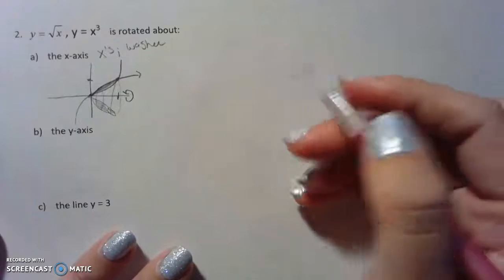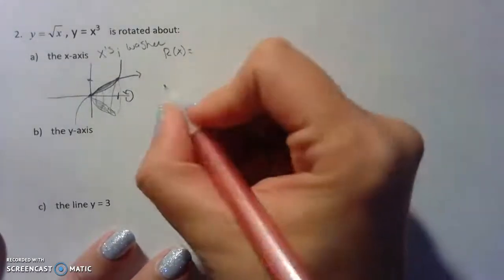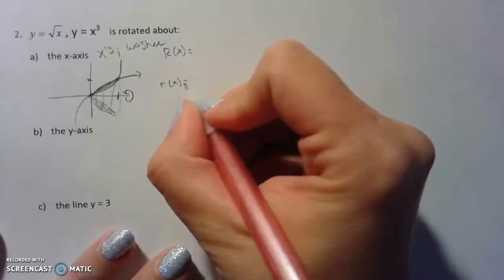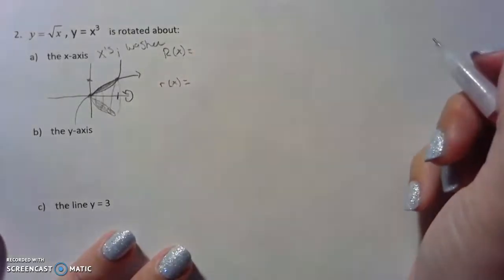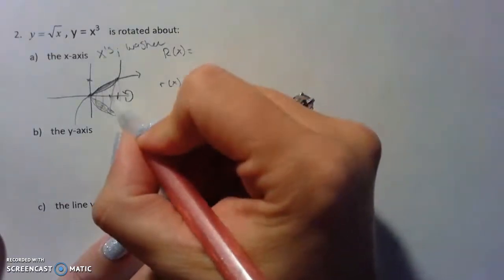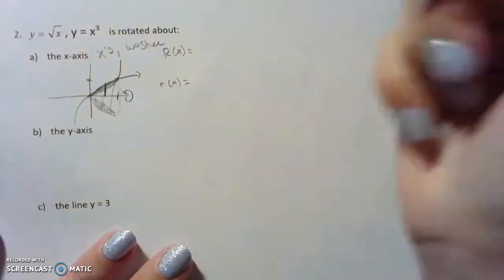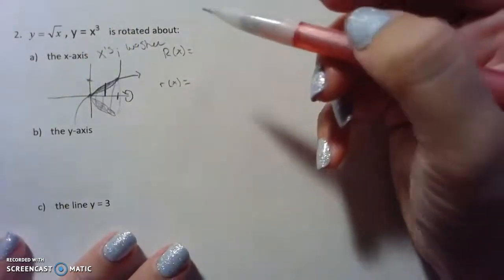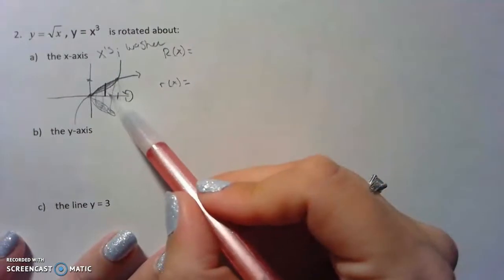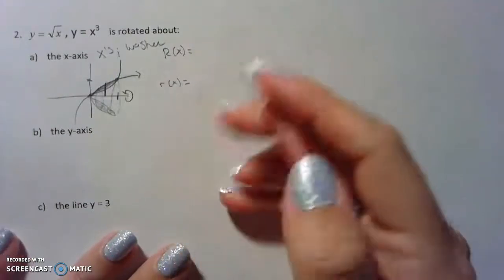Okay, so now we just need to figure out our outer radius and our inner radius so we can plug them into our equation. So our outer radius, so we're going from where we're rotating to the outermost piece. Well, this is just going to be the distance from here to that function. So that is our square root function.